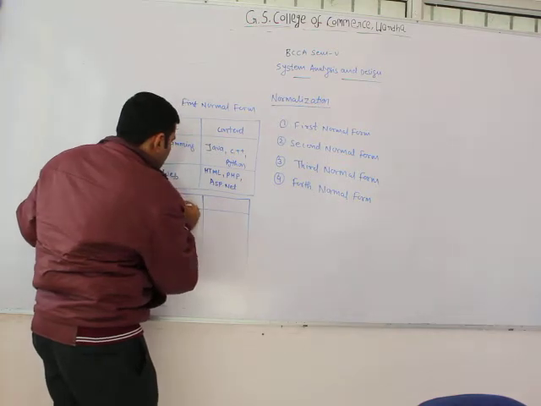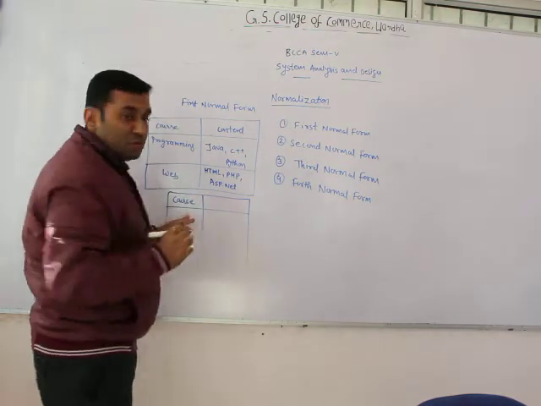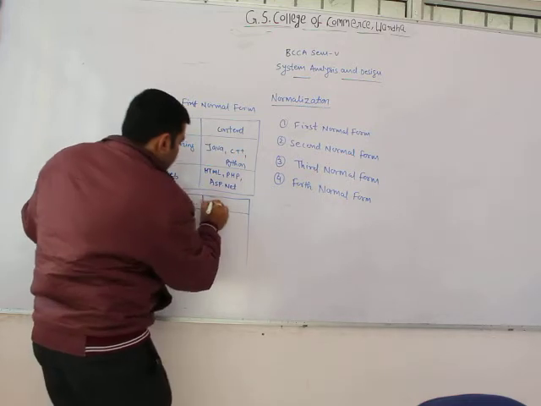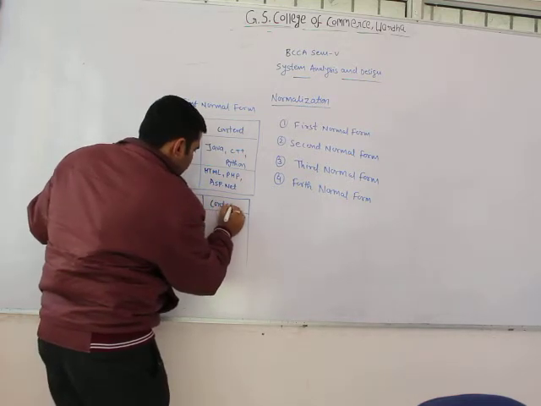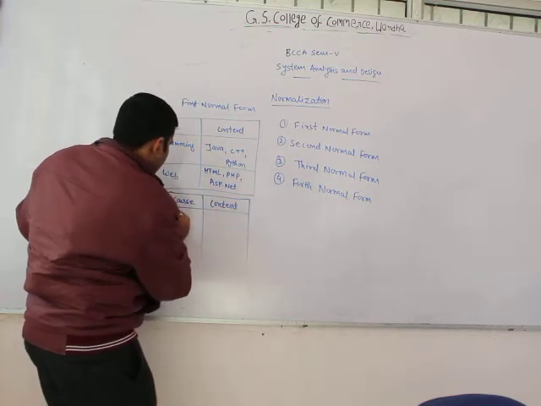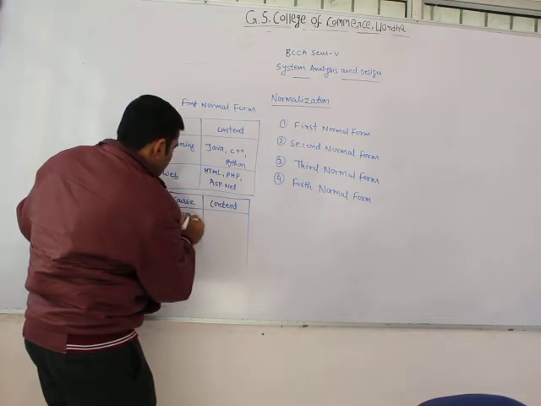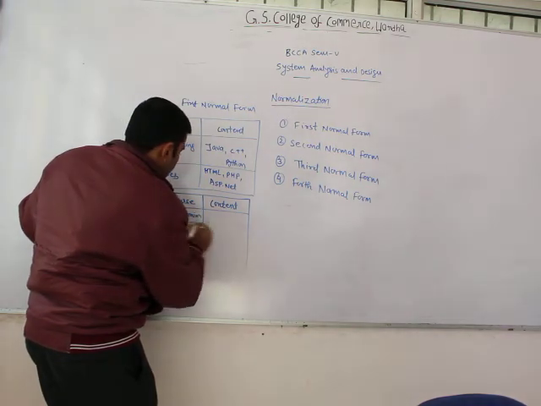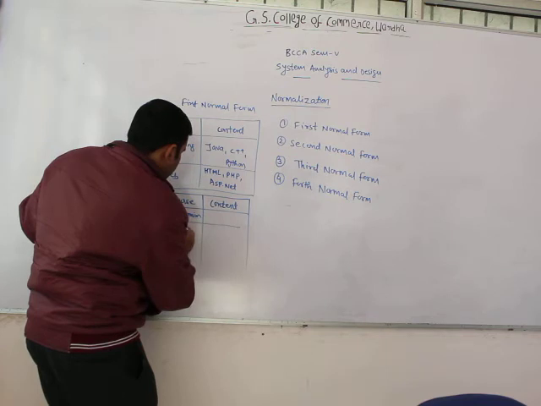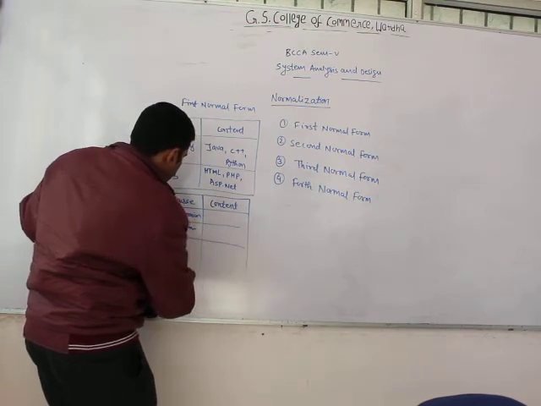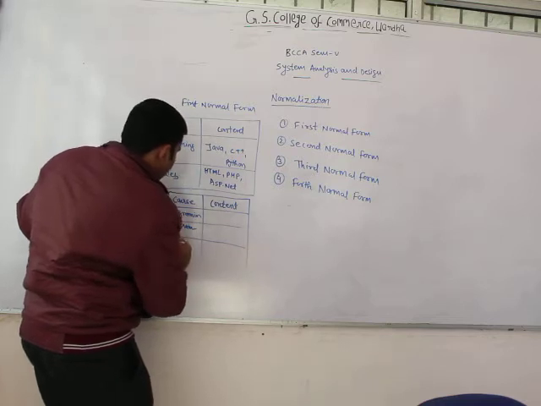The first is the course and their content. Course is programming. Second is programming. Third is web.